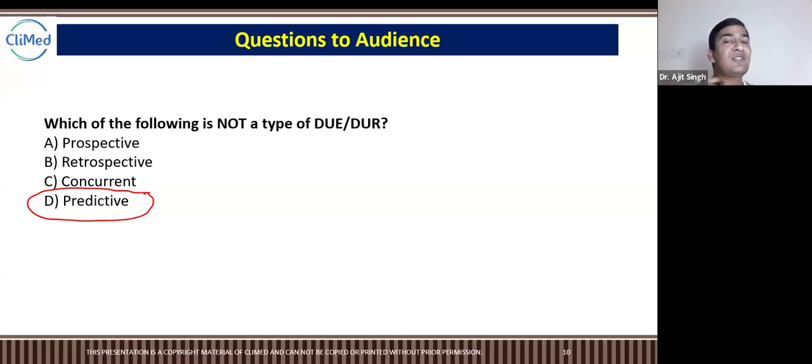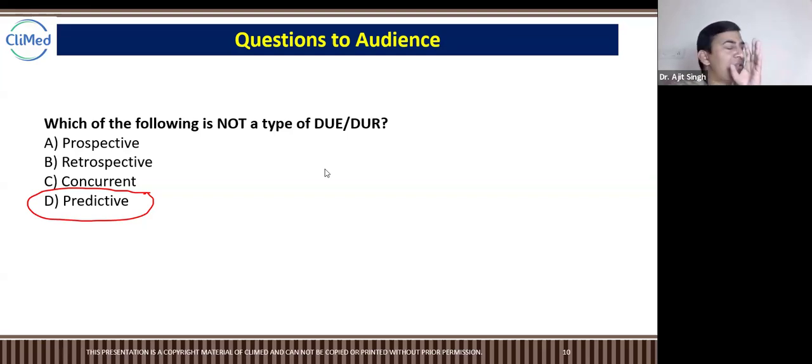Okay, can someone tell me what is prospective? Yes, guys, tell me what is prospective, because I think we even had these studies in my last course of epidemiology and public health. Help me find what is prospective, what is retrospective, and what is concurrent. Prospective is follow-up, the results are yet to occur.